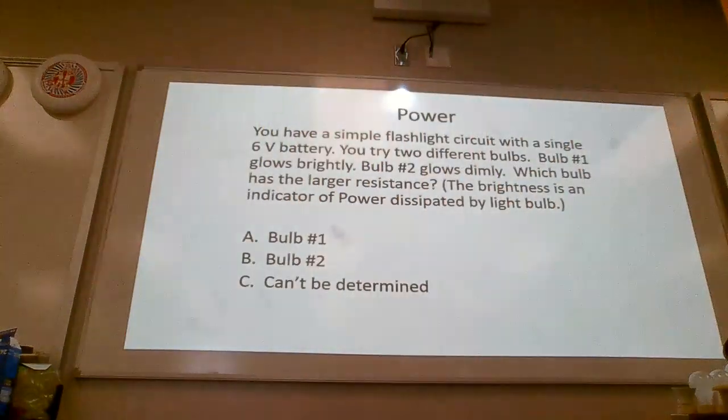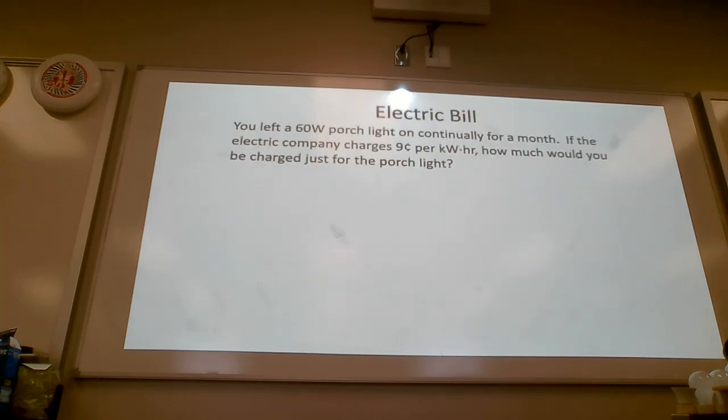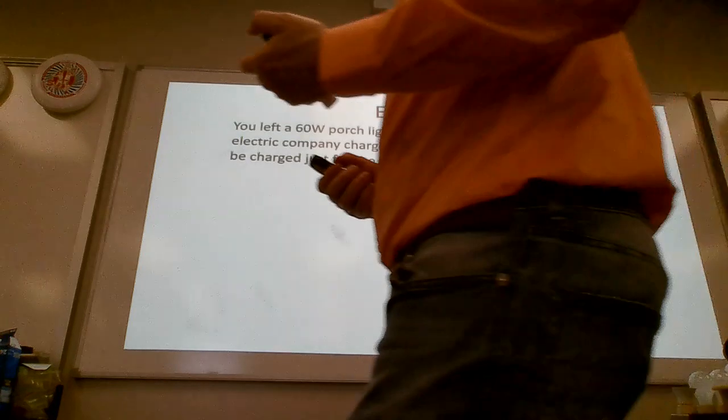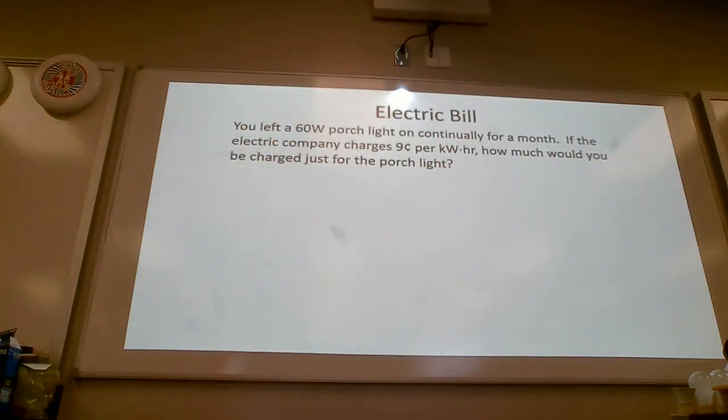So what I want to do is give you some insight into the ins and outs of the bills that you're going to be paying, specifically your electric bill. I feel like it's my social obligation to give you this so that you know what your money is going to. You can budget well. You're going to have a problem like this on the test and on the final exam.